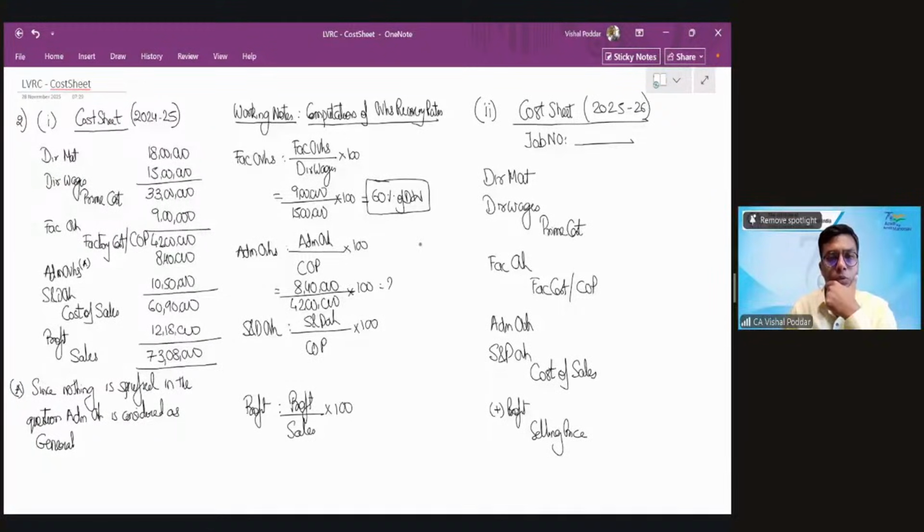This comes to 20%, correct? Similarly, it comes to 25%, correct?